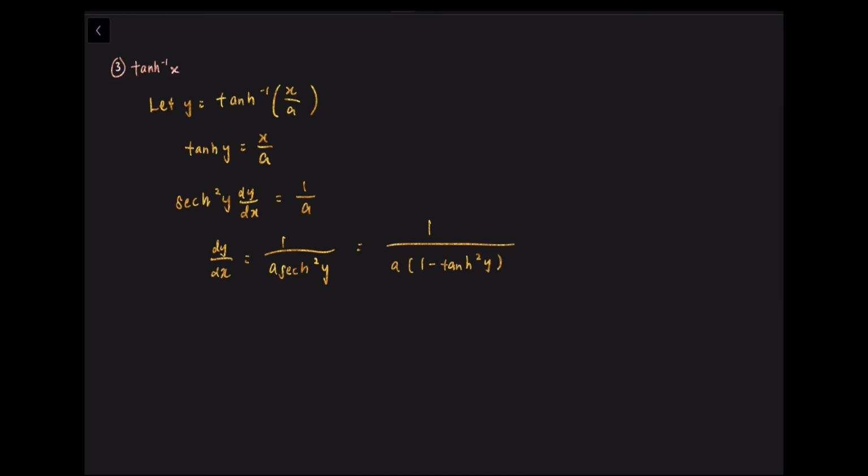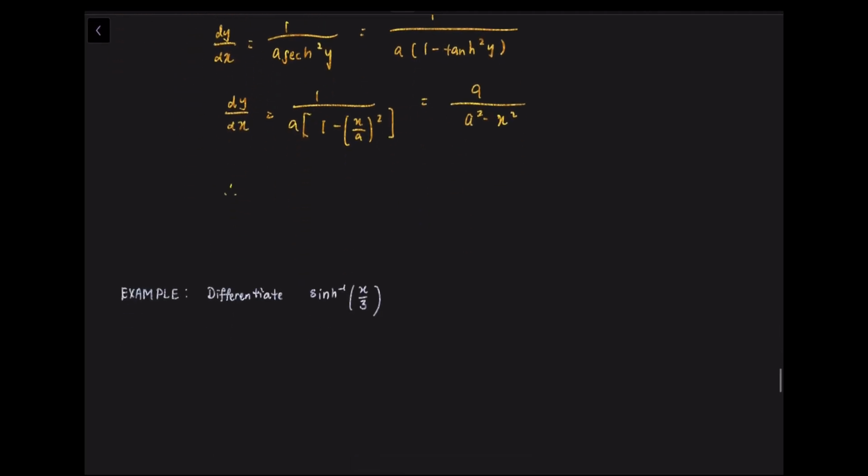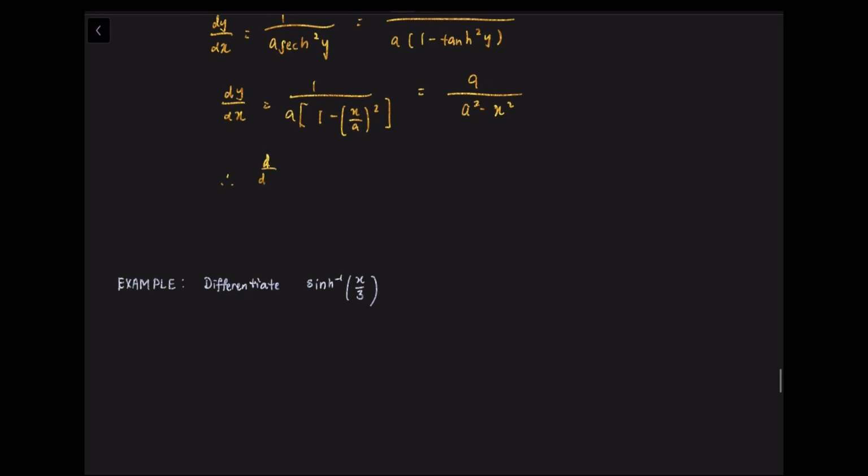This gives dy/dx equals 1 over a times 1 plus x over a squared, and simplifying equals a over a squared plus x squared. So we have d/dx inverse tan x over a equals a over a squared plus x squared.